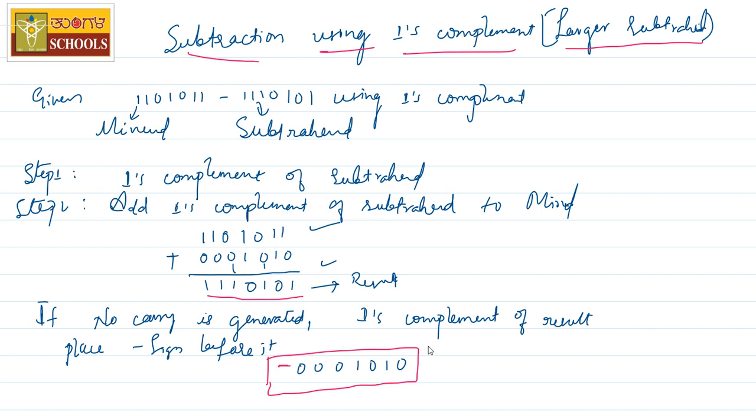To cross verify, what we have to do? We have to convert this into decimal. What is the equivalent for this? You check now: 1, 2, 4, 8, 16, 32, plus this is 64. And here also you do it like this.